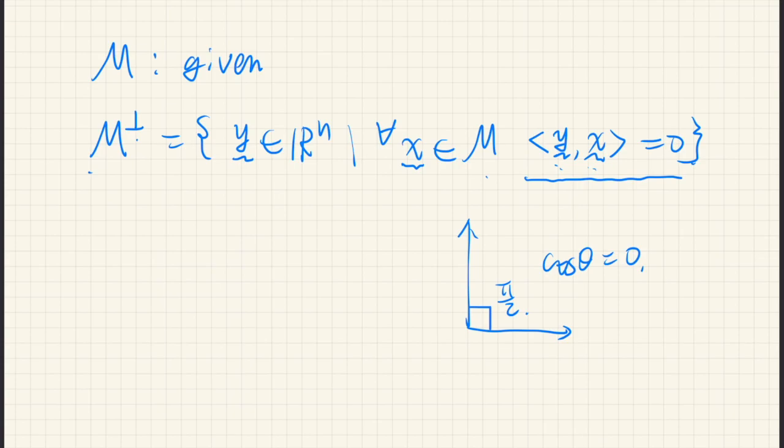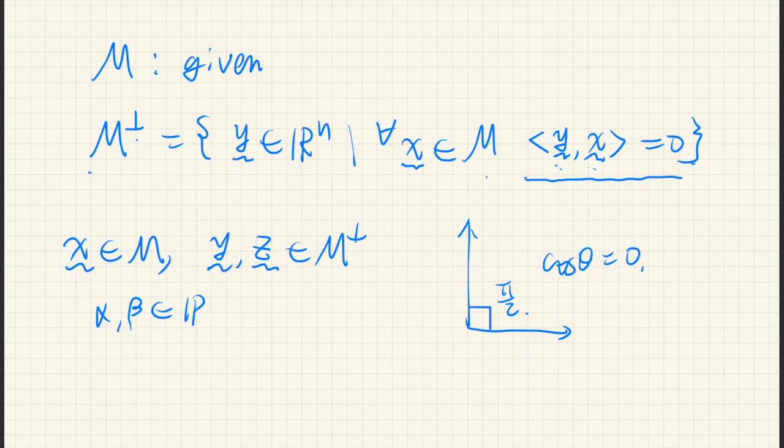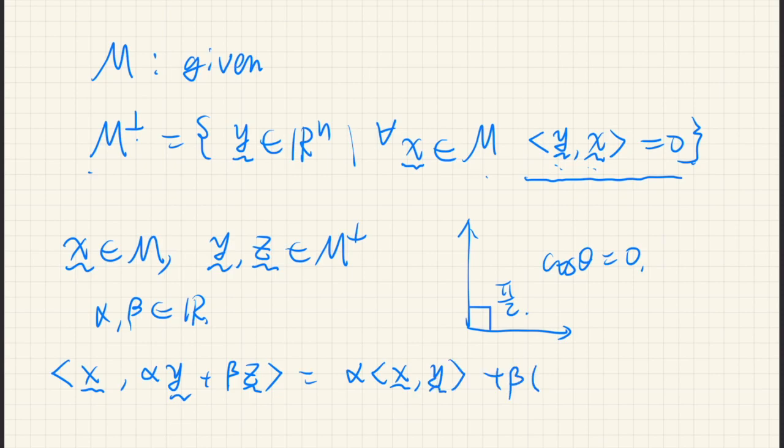So from this definition, we can, for example, show the following. Suppose x is a vector in M, y and z are vectors in M orthogonal, and alpha and beta are real numbers. Then consider the inner product between x and any linear combination of y and z. If we calculate this using the linearity of the inner product, we have alpha times the inner product of x and y, plus beta times the inner product of x and z.